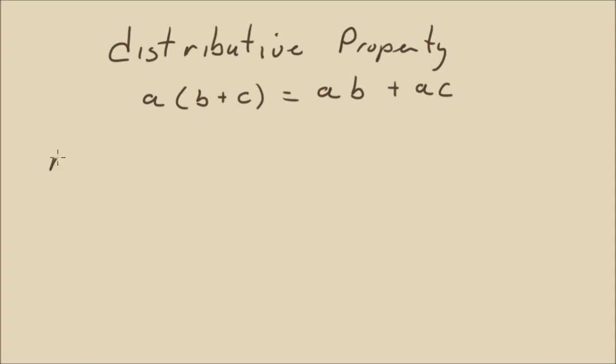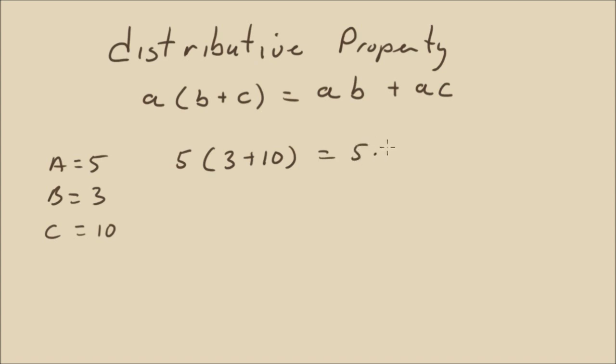So let's say A equals 5, B equals 3, and C equals 10. So that means 5 outside of 3 plus 10 is equal to 5 times 3 plus 5 times 10.